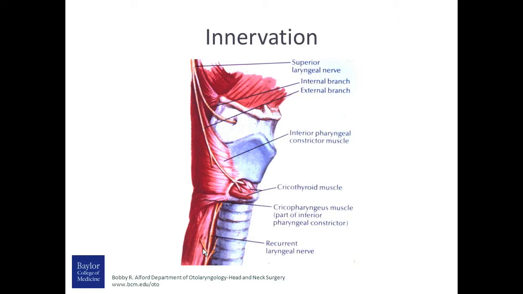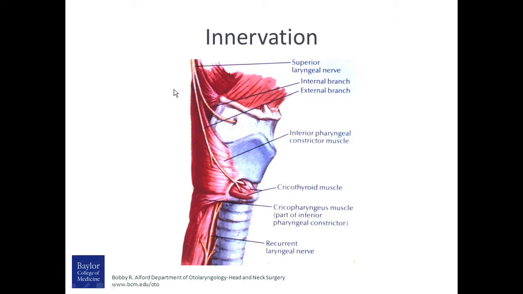So the recurrent laryngeal nerve innervates all of the intrinsic muscles of the larynx except for the cricothyroid muscle. And the cricothyroid muscle, which again is in charge of pitch control, is actually innervated by the external branch of the superior laryngeal nerve, which is also a branch of cranial nerve 10.